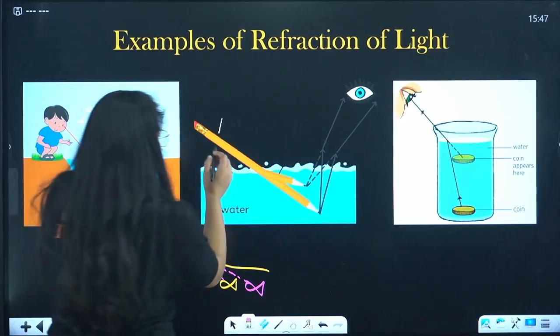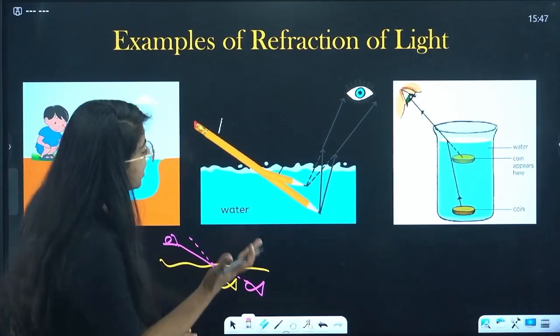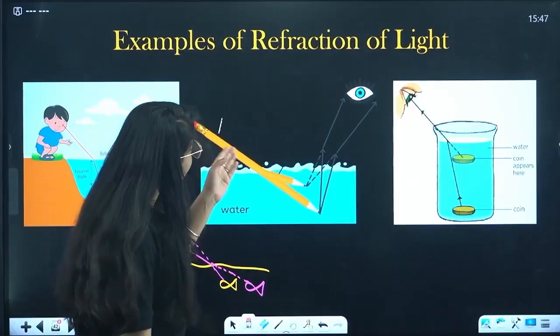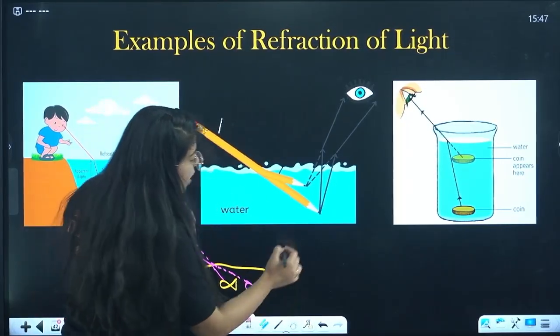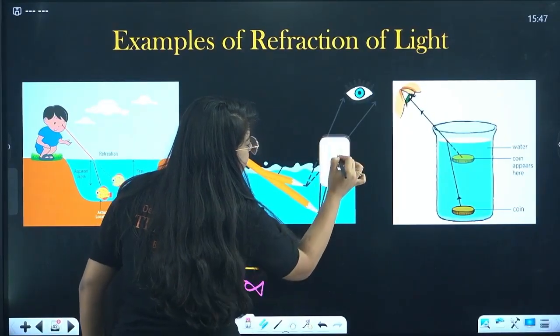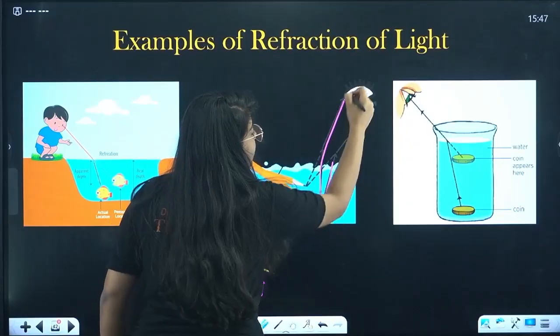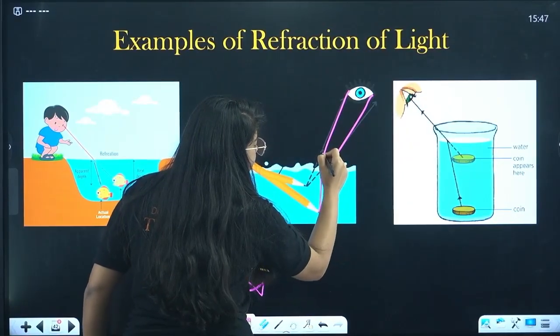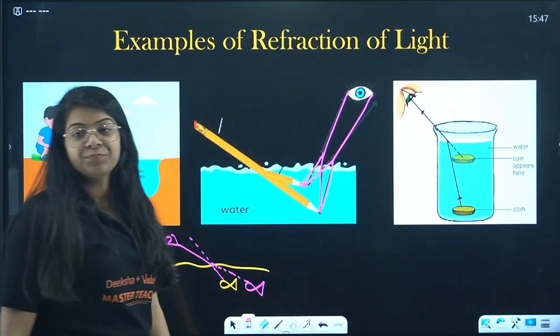Similarly, if you dip half of a pencil inside water and look from the side of a water glass, your pencil will look broken. Why? Because the rays from this point, this is the actual pencil, come out, and at the water they don't go straight, they bend, and then we extend these rays backward and it looks like the pencil is here.